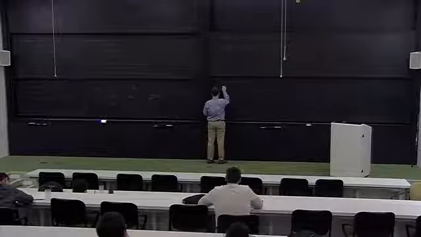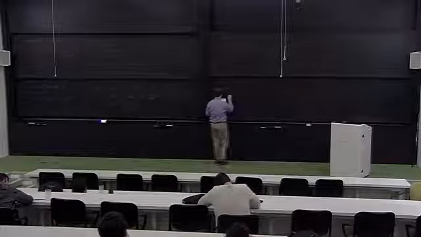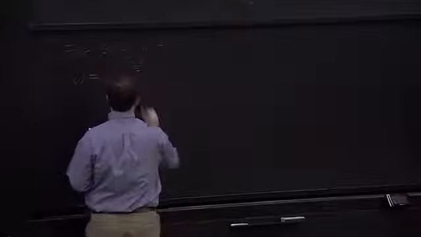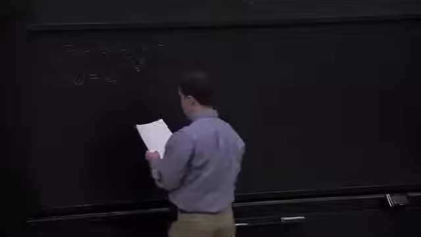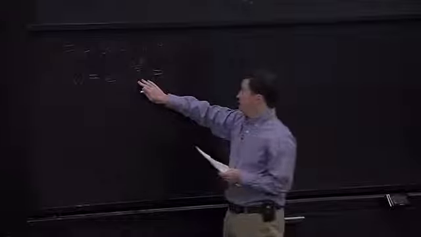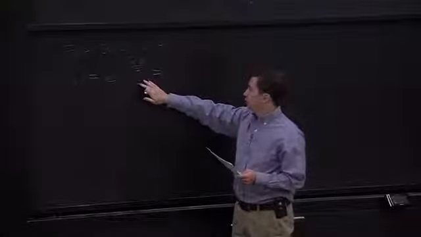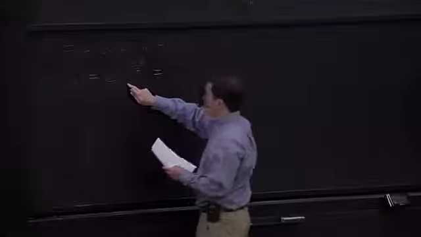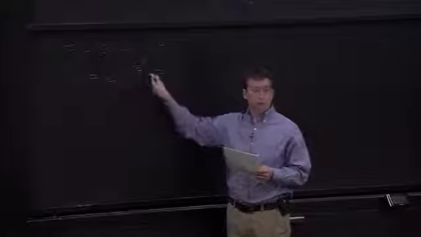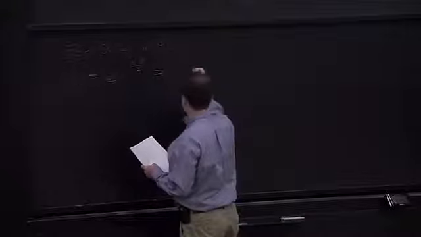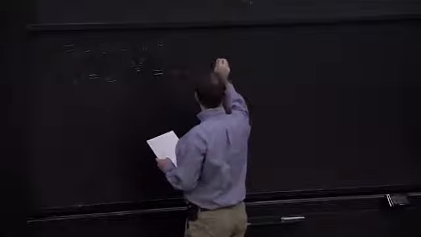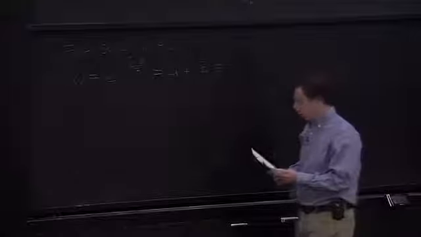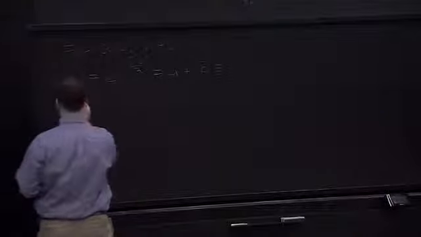So for SU(2) in 4D, we can write an element of SU(2) in the usual way, as e to the minus i lambda times the Pauli matrices over 2, where lambda is just some real parameters. But since the Pauli matrices all square to the identity, and the product of any two of them can be written in terms of the third one, every term in this exponential is just going to be proportional to either the identity matrix or one of the Pauli matrices. So we can write this as a plus i b dot sigma, where a and b are real parameters.